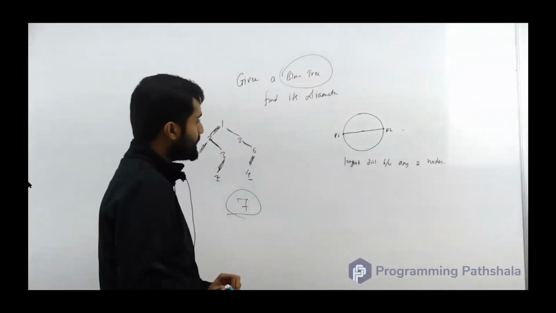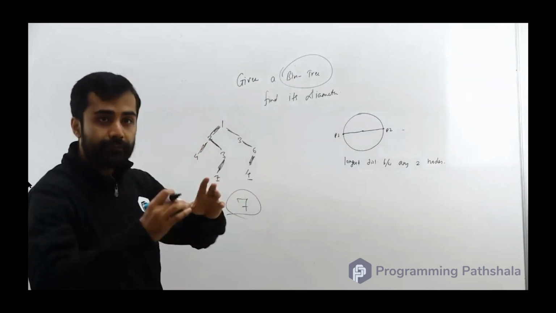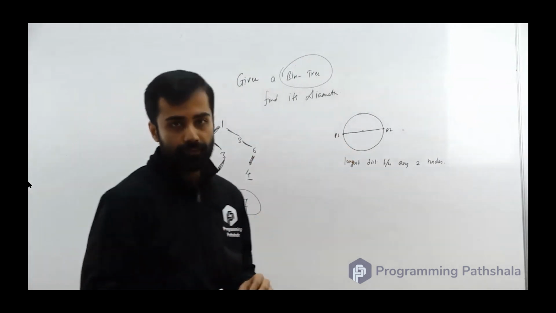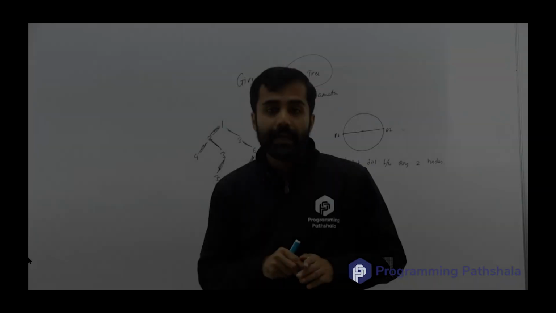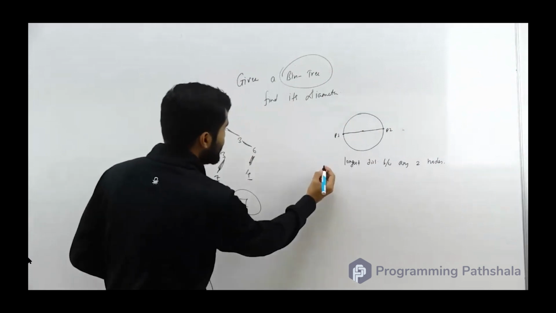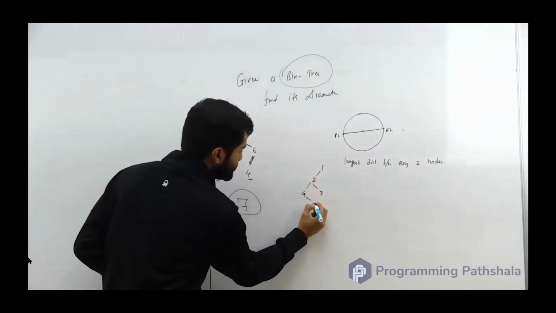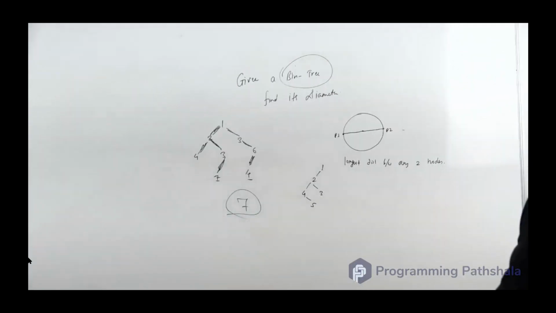Some people also say that the 2 nodes between which the distance is maximum have to be leaf nodes. Is that right? That is not true. Tell me the 2 nodes between which the distance is maximum, 1 and 5, right?